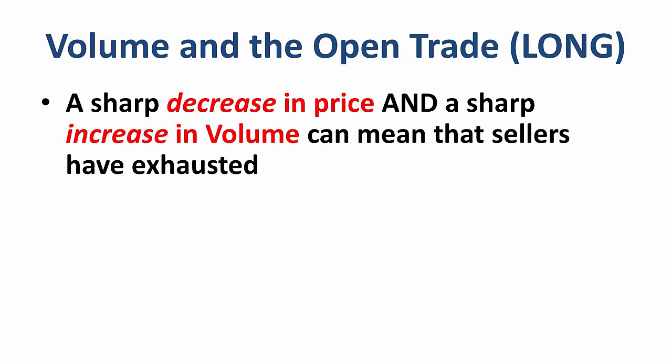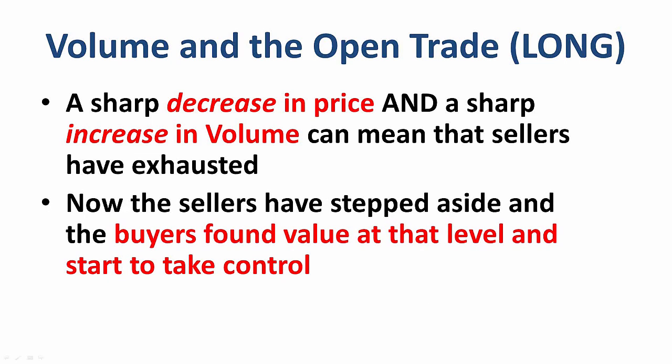This is when I'm looking for a long setup. I look for a sharp decrease in price and a sharp increase in volume. This can mean that the sellers have exhausted. Now the sellers have stepped aside and the buyers have found value at that level, and they start to take control.